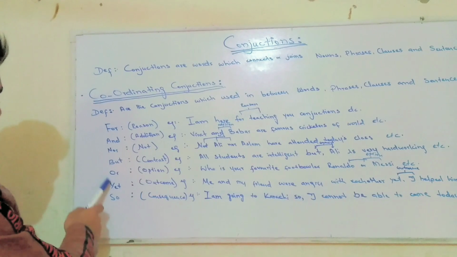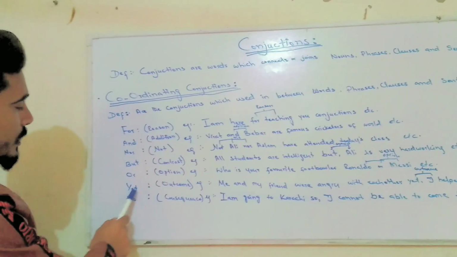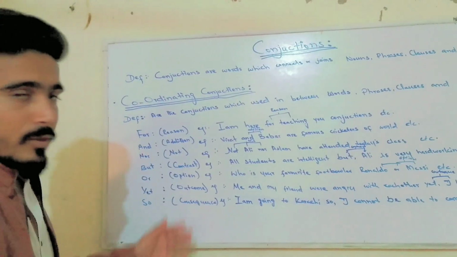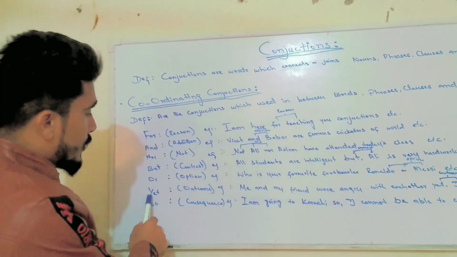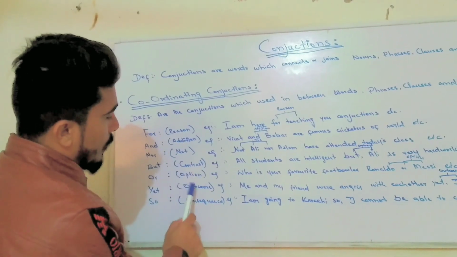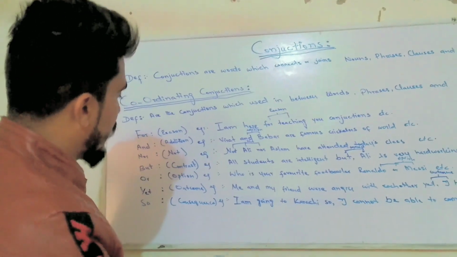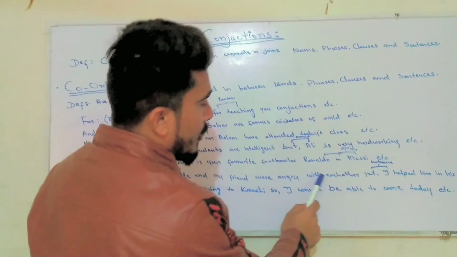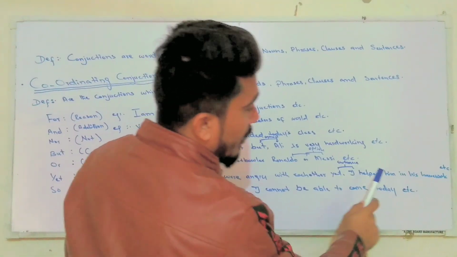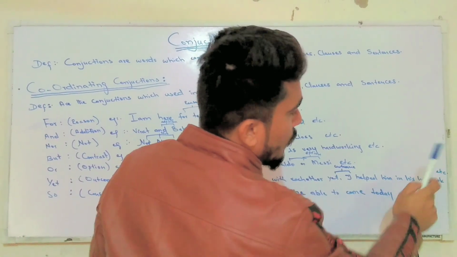So here we have another conjunction which is yet. This is also a common conjunction we commonly use in our daily life. So it shows the outcome of what? Let me clear it with one of the examples. Me and my friend were angry with each other, yet I helped him in his homework.